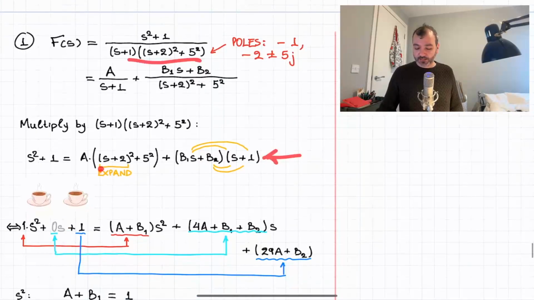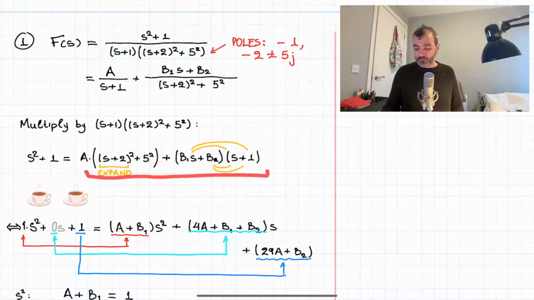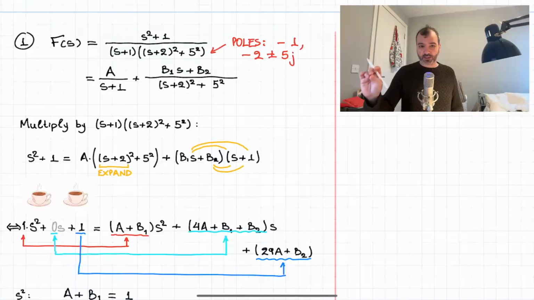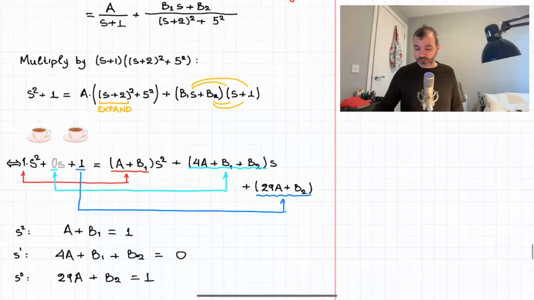And you can expand s plus 2 squared and you can do all these multiplications so that the right hand side of this equation becomes clearly written as a polynomial of the form coefficient times s squared and so on and so forth. So I've done this for you, and we have a plus b1 s squared plus this term times s plus this term being the constant term.